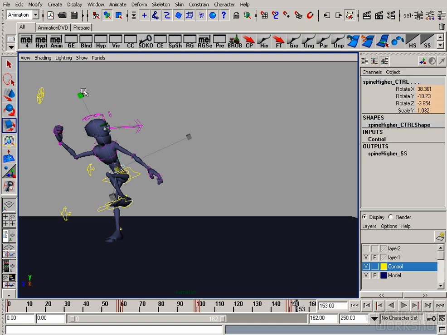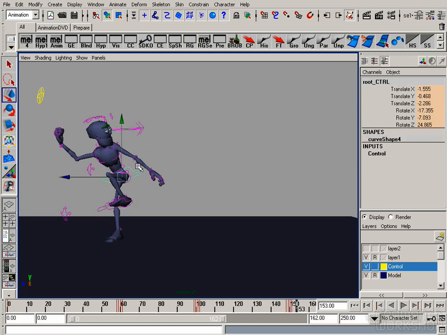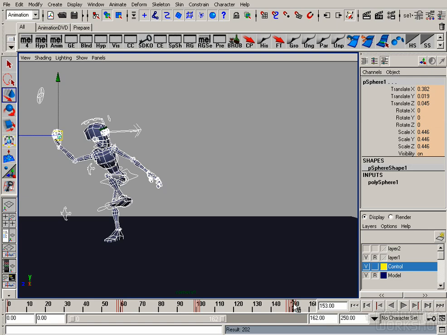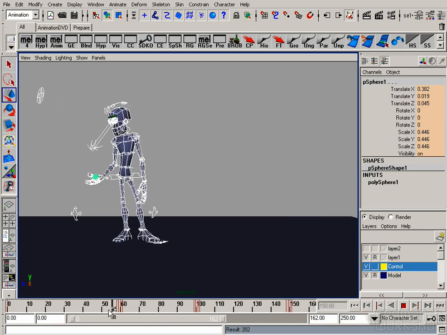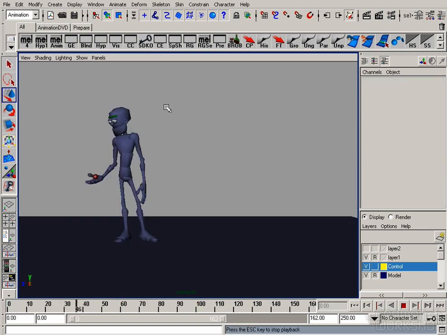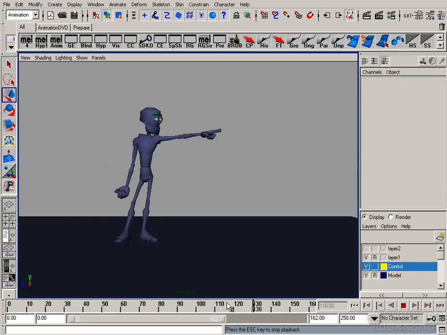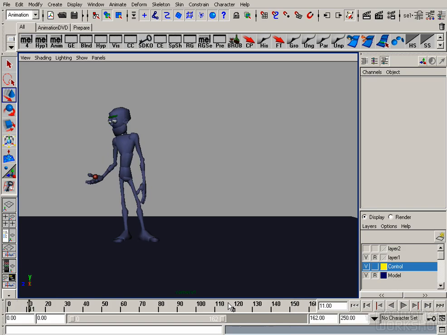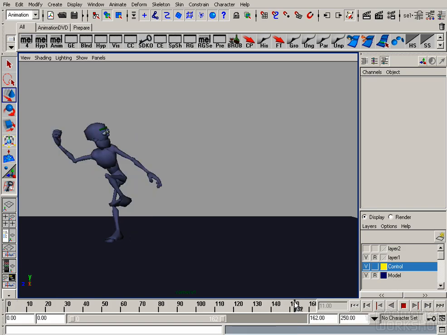Maybe put in a little bit of squash, not only in his whole body, like moving his hip down, but also putting a squash onto his body by scaling the controllers. So I think for now this should be fine, but probably I will adjust the pose later when I do the breakdowns and in-betweens, and I see where I can adjust it. But for now that's fine.